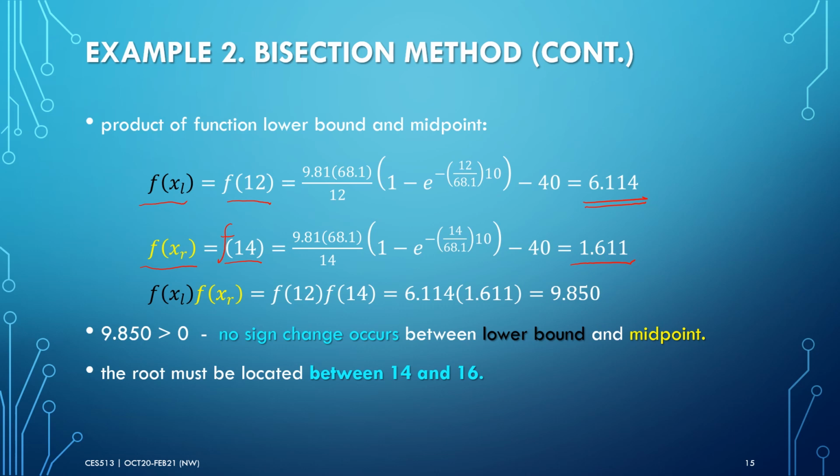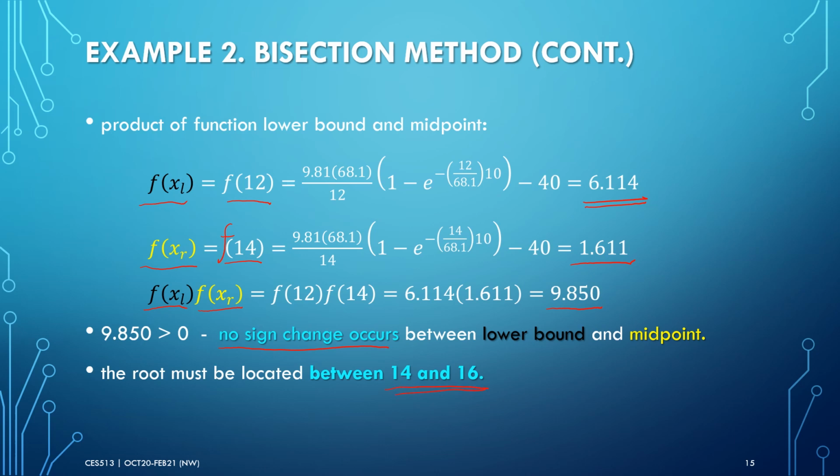When we multiply the function of the lower bound with the function of the estimated root, we get 9.850, which is positive. So when the answer is positive, that means no sign change occurs between the lower bound and midpoint. Thus, the root must be located between 14 and 16.